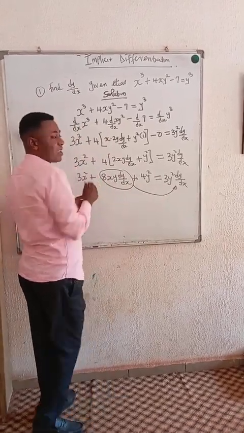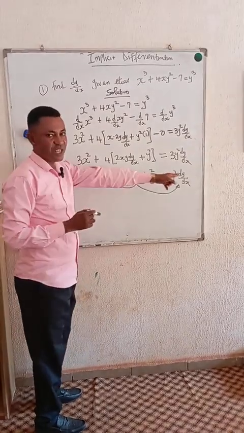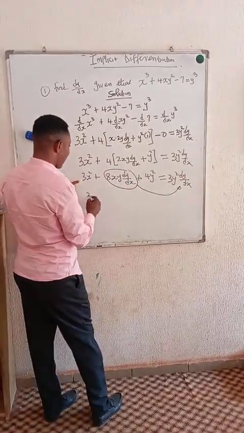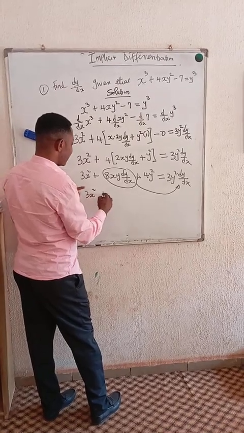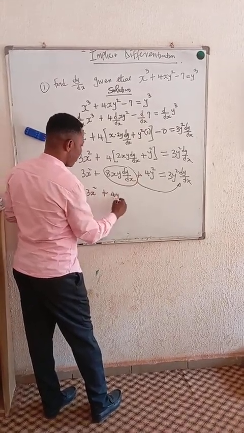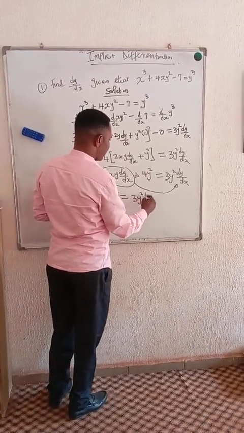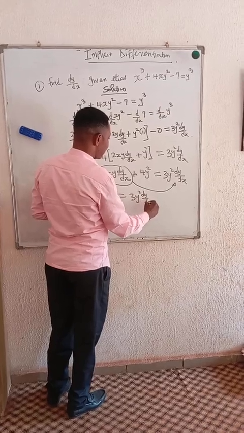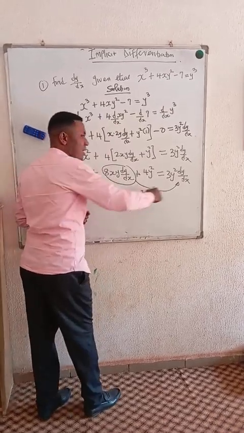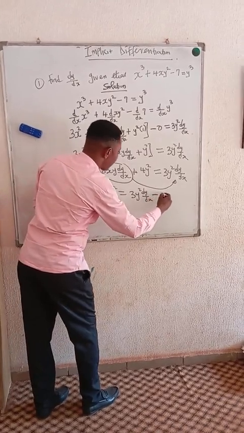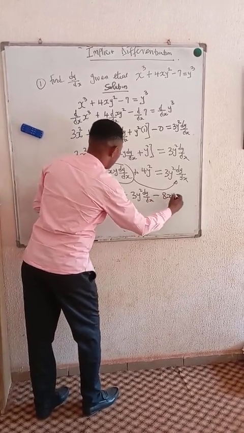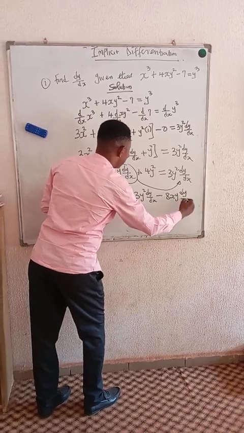Remember, as it is leaving here, it is positive, from here it will now be negative. But 3x squared will still maintain its position, that is plus 4y squared equal to 3y squared dy/dx minus 8xy dy/dx.